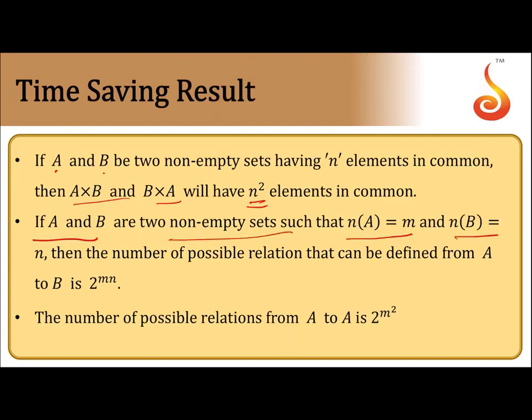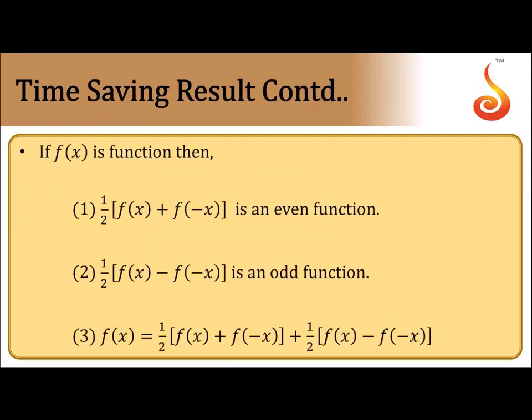If A and B are two non-empty sets such that n of A is equal to m and n of B is equal to n, then the number of possible relations that can be defined from A to B is 2 to the power of mn. These are some of the results which are very useful in calculations.